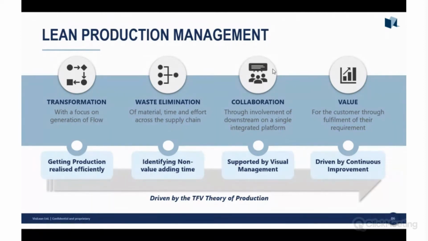We've got collaboration, getting everyone in the project involved, working off the same platform in a real visual environment that everyone understands, a common language that everyone can speak. And then we've got value, value in the eyes of the customer. What can we do to get maximum value for the customer? What are their high value points? And that's driven by continuous improvement.